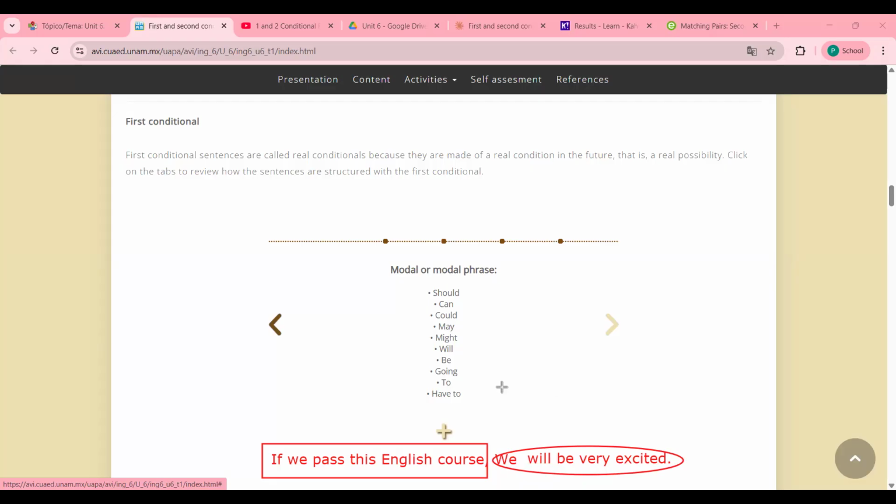So you may use, my dear students, options to complete your condition. These are the options. Remember, possible and real options. That's the difference between the first and the second conditional.